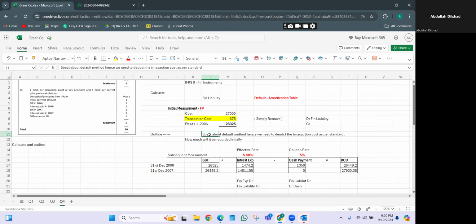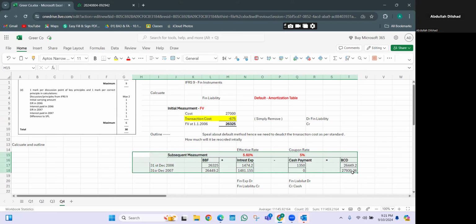Then later on, as I told you, we need to calculate the subsequent measurement. So if you have time in hand, what you could do is try to calculate this in a presentable manner. Most of us have a time management problem.